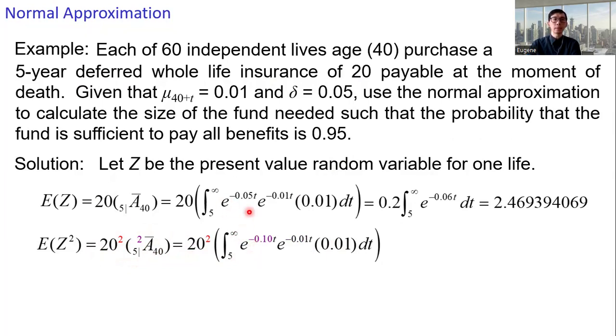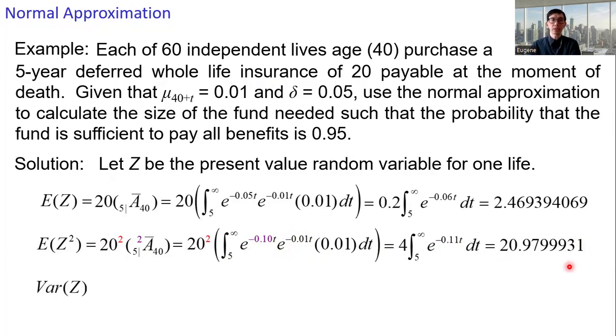So here, the first term is the square of the present value factor. We do not square the expression for the force of mortality, which remains constant, e to the power minus 0.01t. This is tpx.